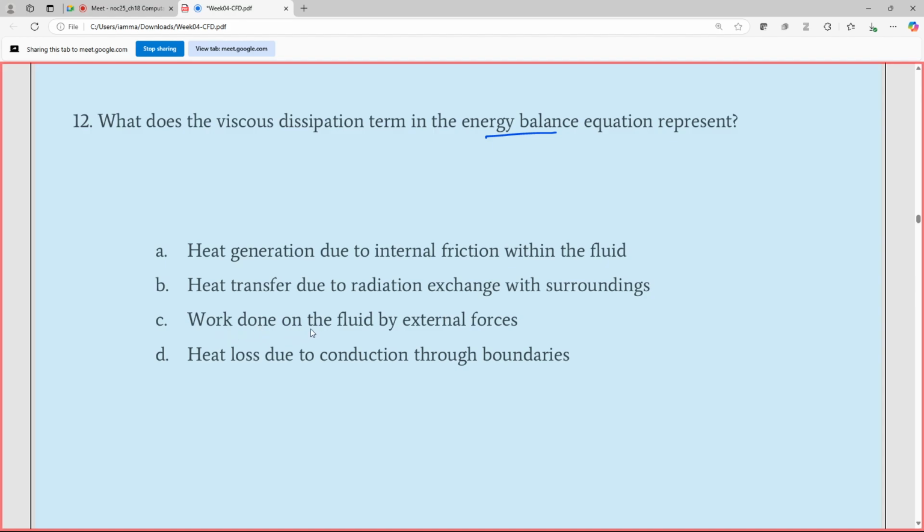Option C, work done on the fluid by external forces. Option D, heat loss due to conduction through boundaries. Which of the following options represent the viscous dissipation term in the energy balance equation?